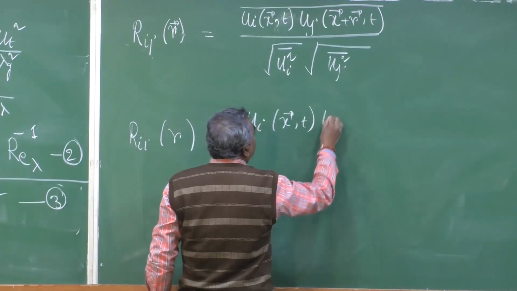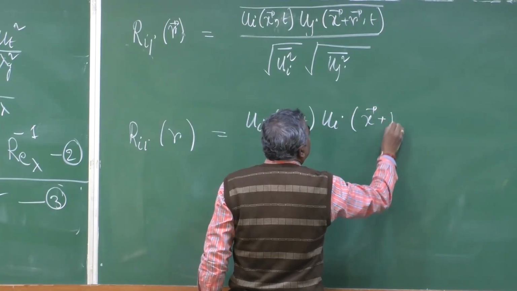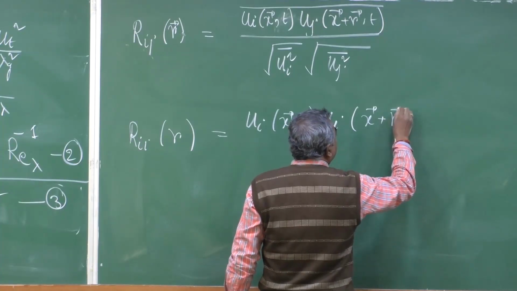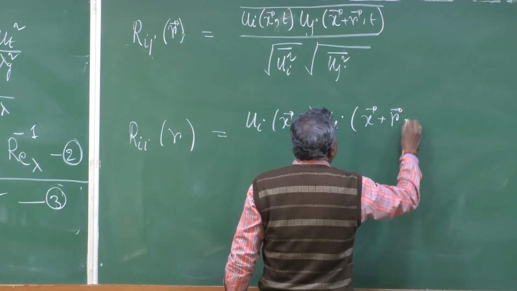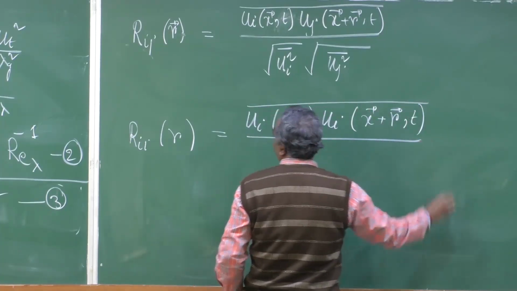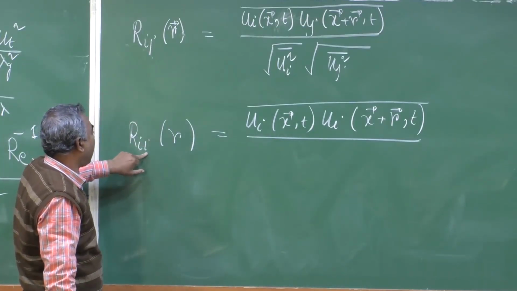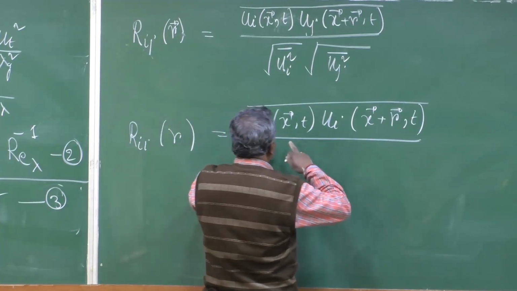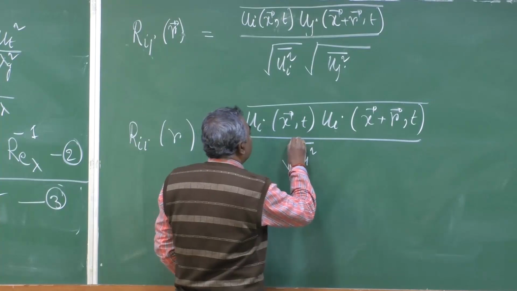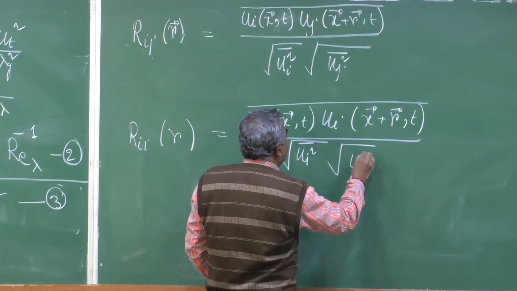I am just making it simpler. Instead of the tensor, I am just considering Ii. So, in that particular case, I can consider here the bar, ui square bar.